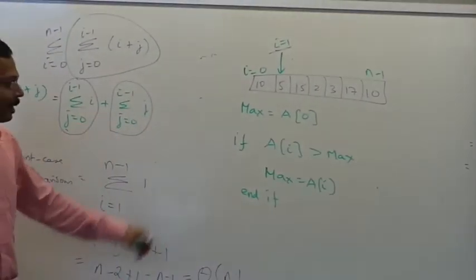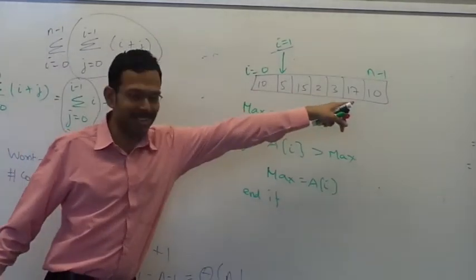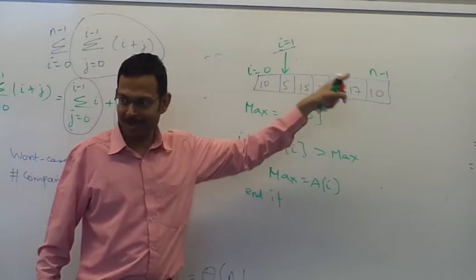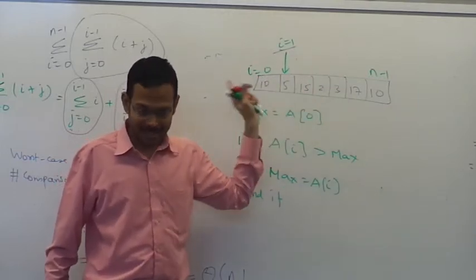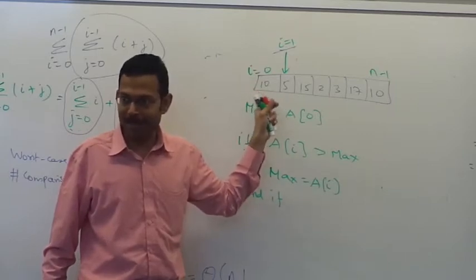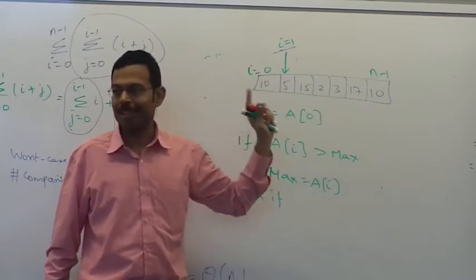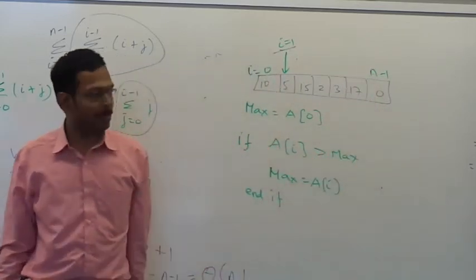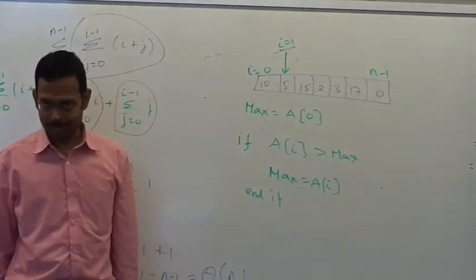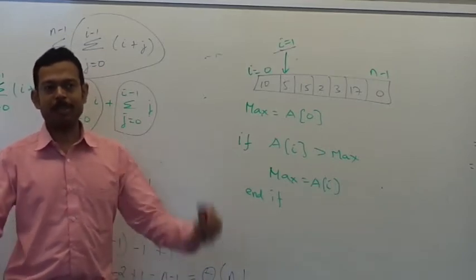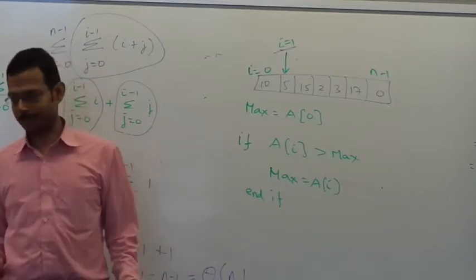You have 10 here and 10 there, yes or no? So this array does not have unique elements, right? If I have 0 instead, does it have unique elements now? Yes. That's what I want to find. Given an array, I want to find whether it has unique elements or not.